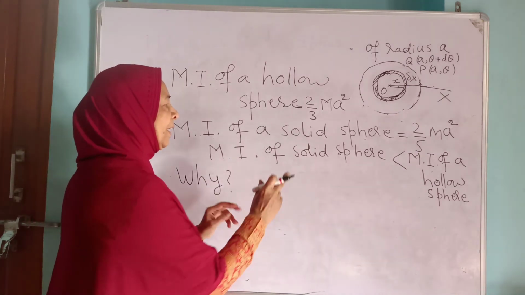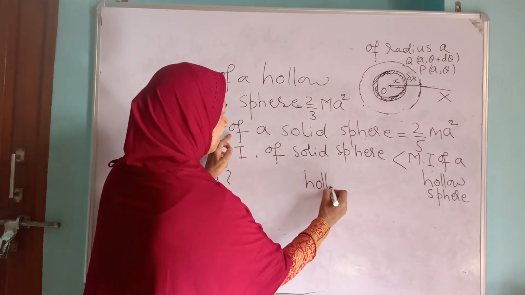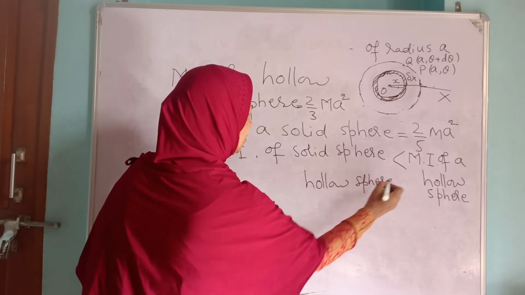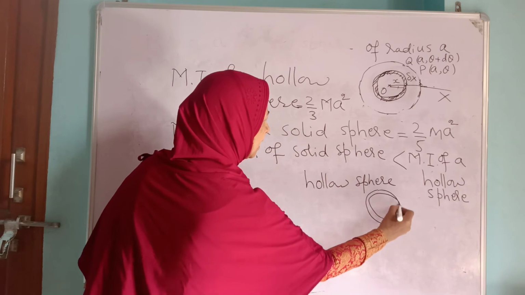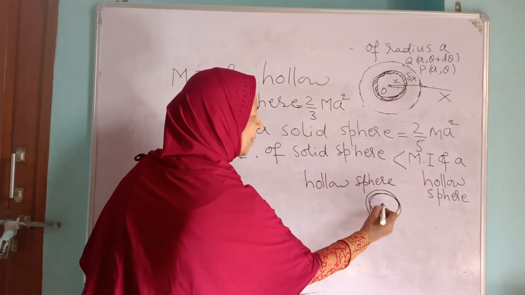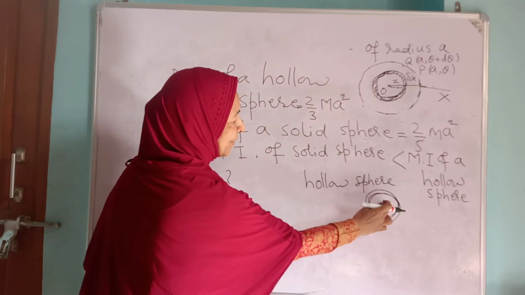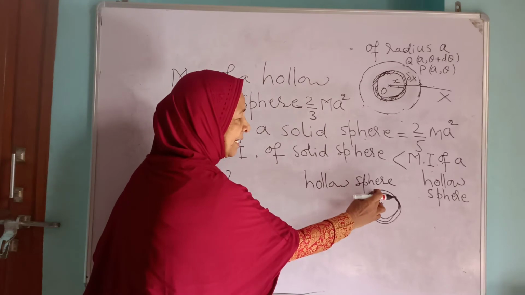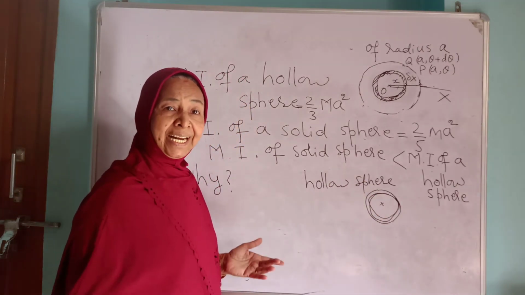So, when you consider the case of a hollow sphere, the mass is on the periphery, not inside. So this mass into this perpendicular distance square plus this mass into this perpendicular distance square, so it will be greater.